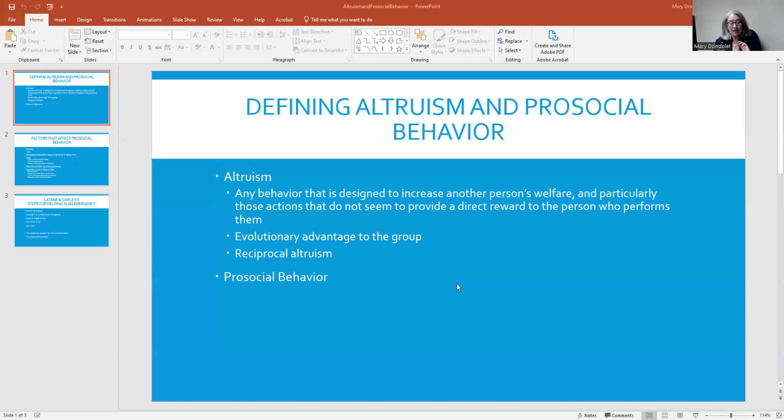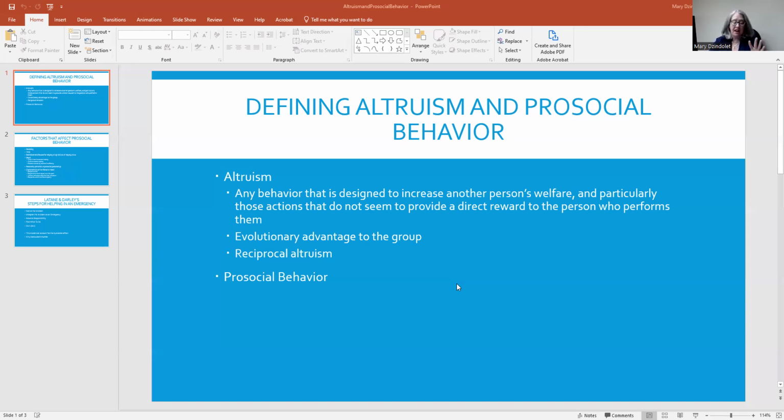You scratch my back, I'll scratch yours. So I'm scratching yours now with the assumption that in the future, when I need it, you're going to scratch mine. Well, that's not altruism then. That's me doing something now for a benefit in the future. It does provide a direct reward, just a future reward rather than a present reward.